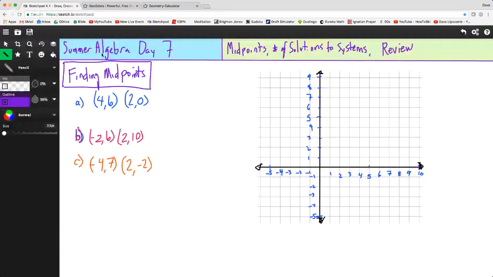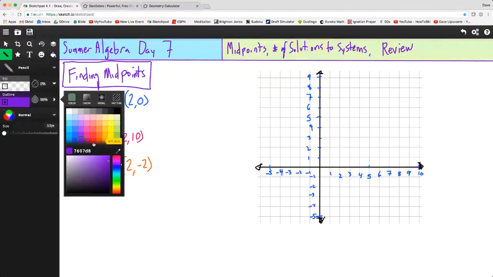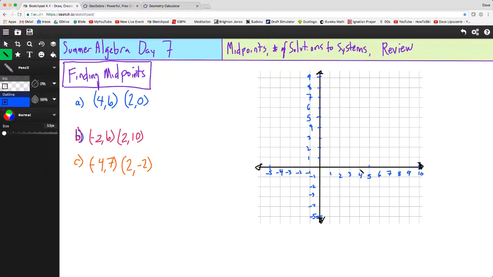So here are 3 examples. We want to find the midpoint, and I'll draw them up here one at a time. So we're going to find the midpoint of (4, 6) and (2, 0). If we remember, we want the average of our x's. That's going to be 4 plus 2 over 2, comma, average of our y's, 6 plus 0 over 2.